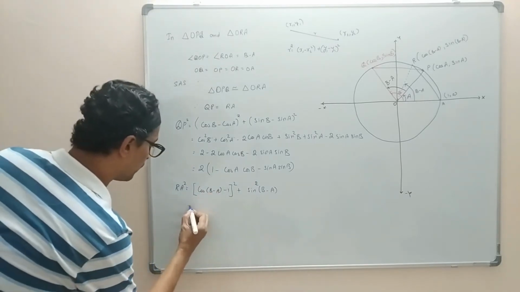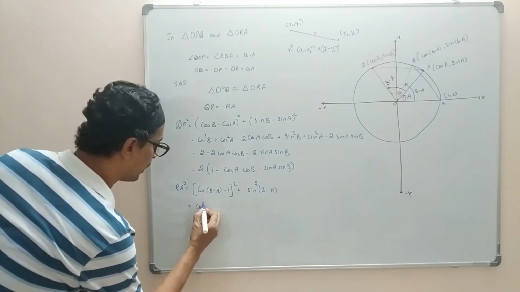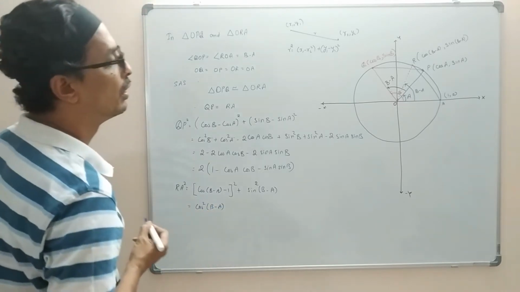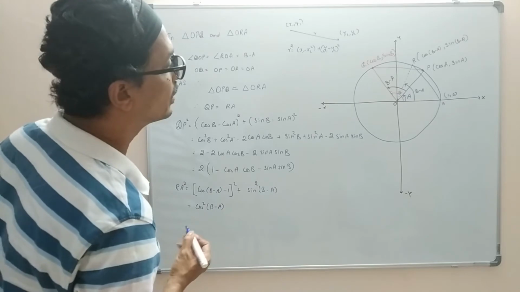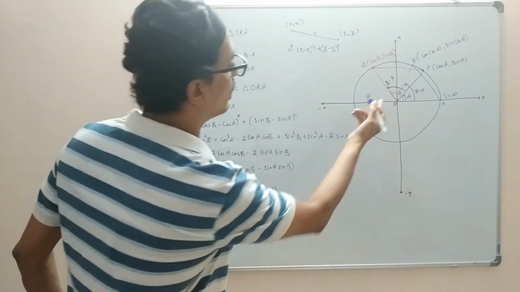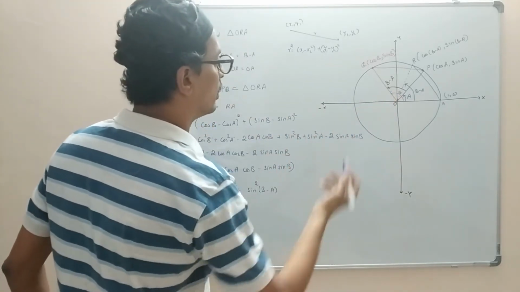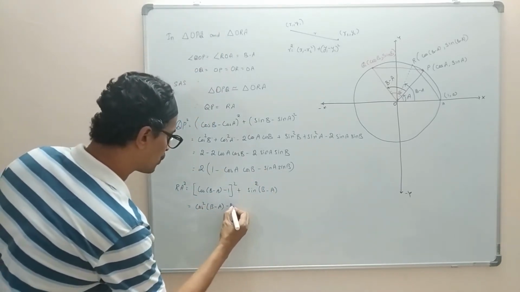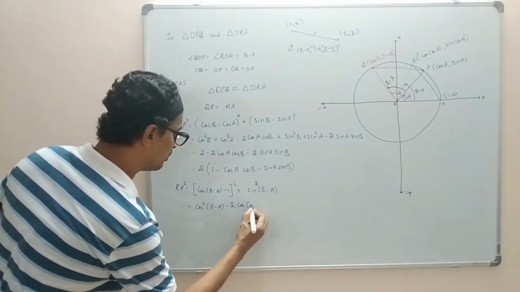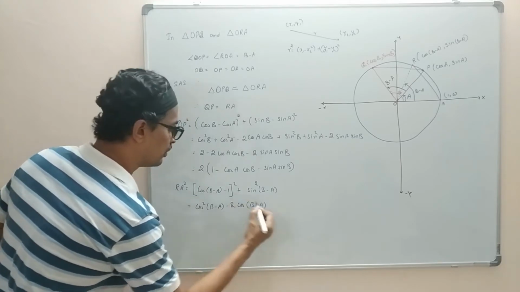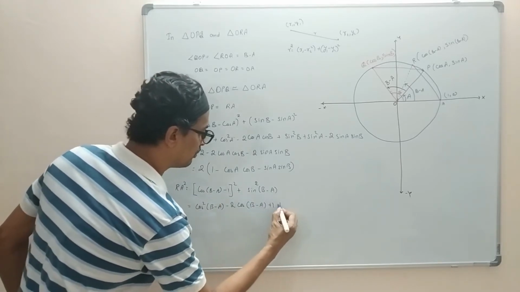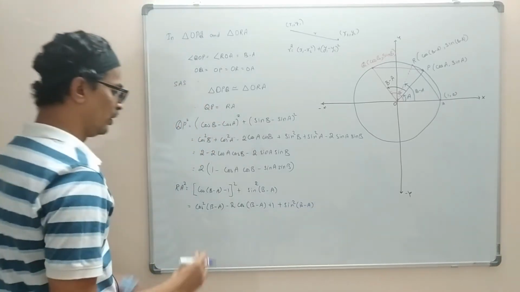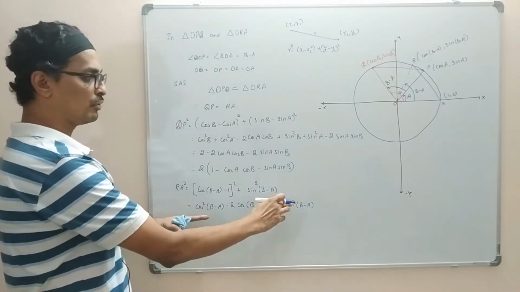So let us open it up. What happens? It will be cos square b minus a, minus 2 cos b minus a, plus 1, plus sin square b minus a. Cos square of b minus a plus sin square of b minus a, what is that? 1.